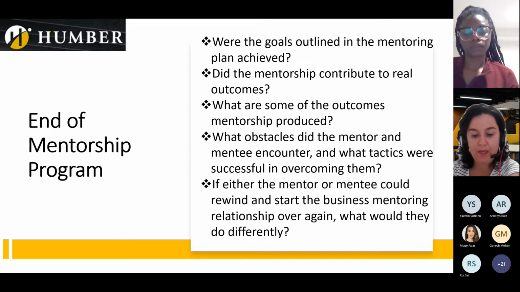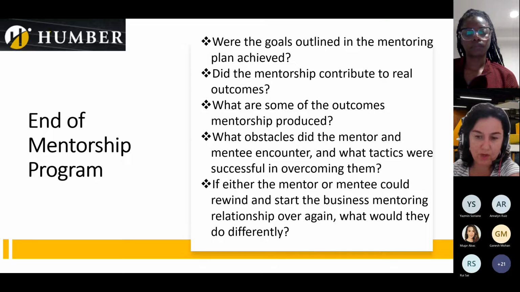So if you really commit to the program, and if you really are professional and eager to learn, believe me, the mentor may want to actually continue to mentor you even after the program ends. So your attitude is going to somehow establish if that relationship will grow even further after the program ends. And it can lead somewhere.